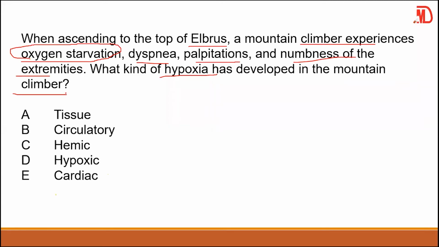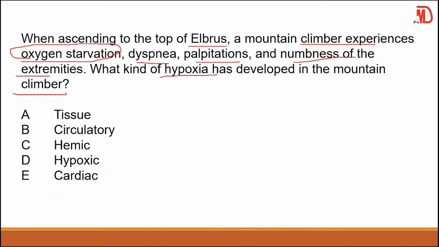All right. So over here, take a book and start writing something. In this question, we'll be dealing with what we call the hypoxic type of hypoxia. Hypoxic hypoxia develops when there is a decrease in the barometric pressure.